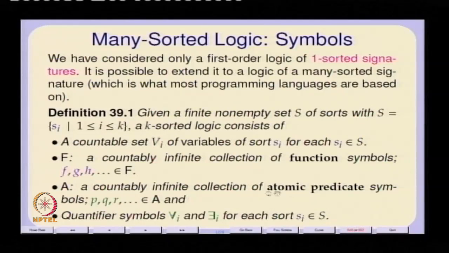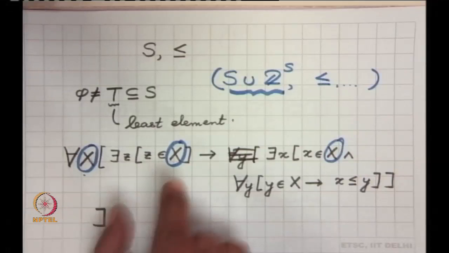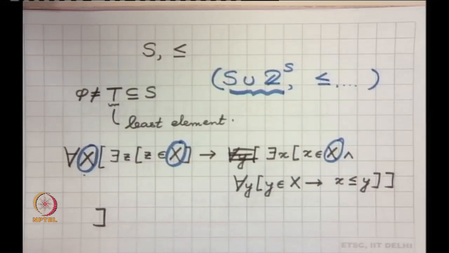And then of course a countably infinite collection of atomic predicate symbols as usual, and because we need to slot variables appropriately, we also allow for quantifier symbols, one for each sort.